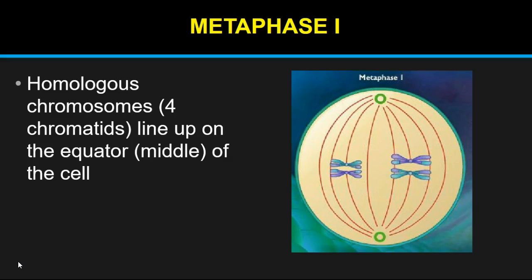Now, it's similar to metaphase in mitosis because they are lining up along the middle, but now instead of lining up end to end, you have homologous pairs next to each other, and those pairs line up along the middle. Instead of individual chromosomes lining along the middle, you have pairs that line up in the middle.